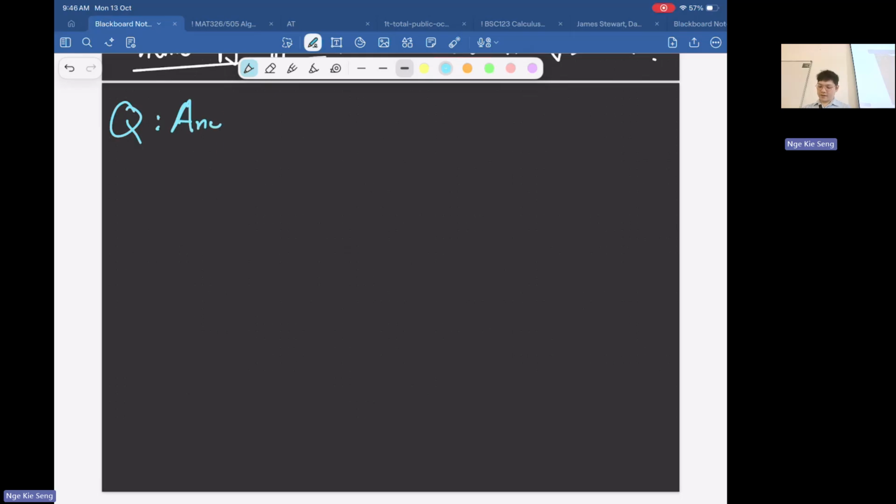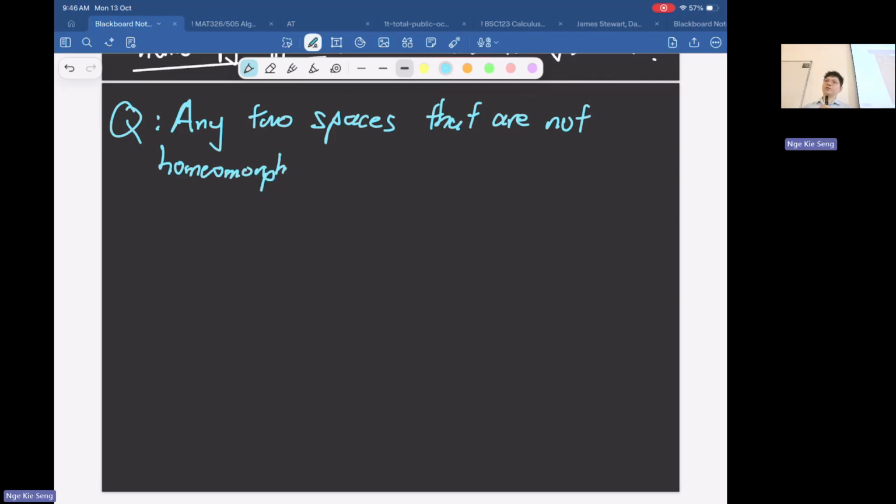So any two spaces that are not homeomorphic. You might think of maybe one of them connected and the other not connected, or one of them compact and the other not compact, or the fundamental group pi one being different.